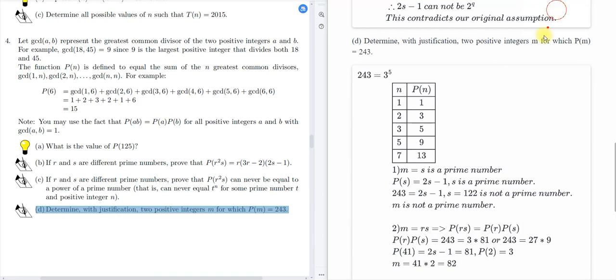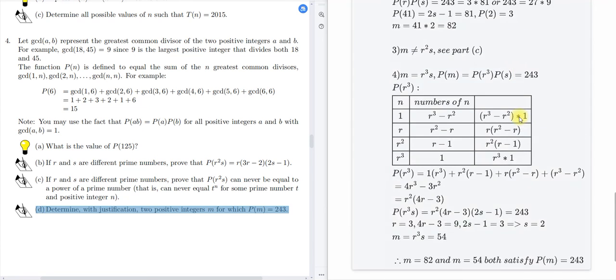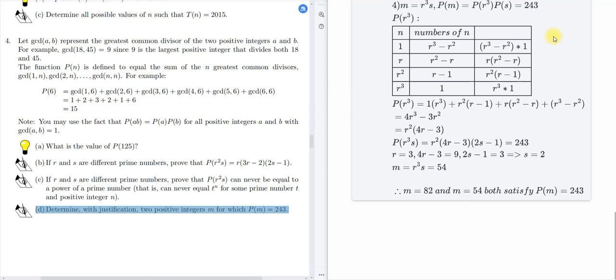See, 3 times 9 times 13 is greater than 243. Even for the smallest three prime numbers, the P product is more than 243. That means it's not possible.